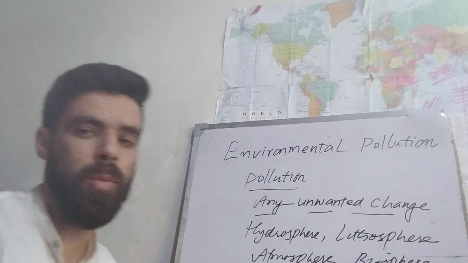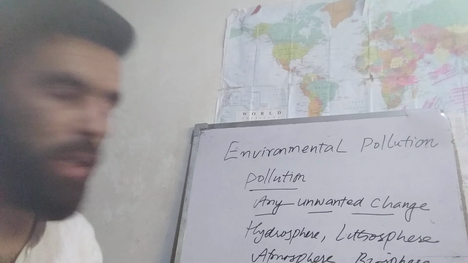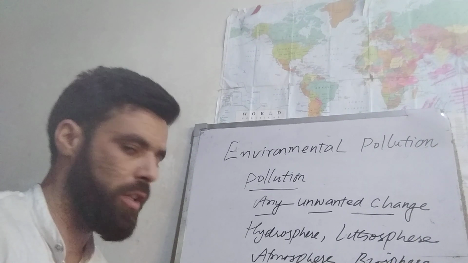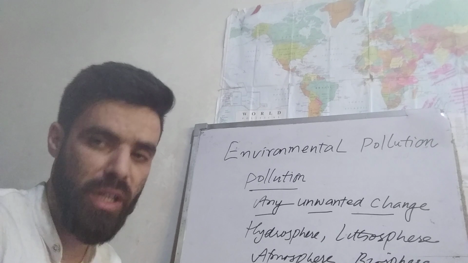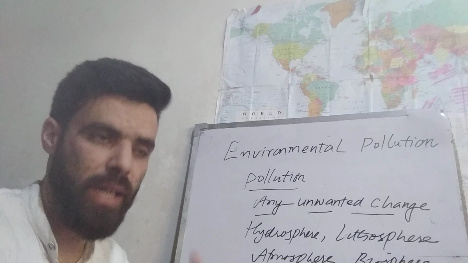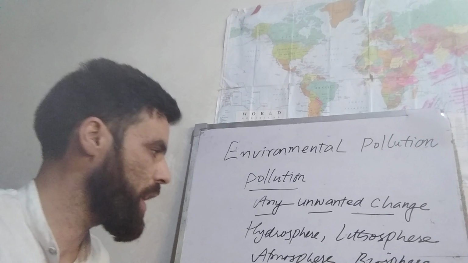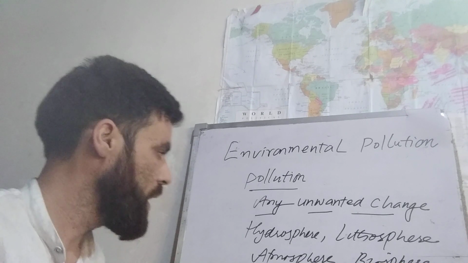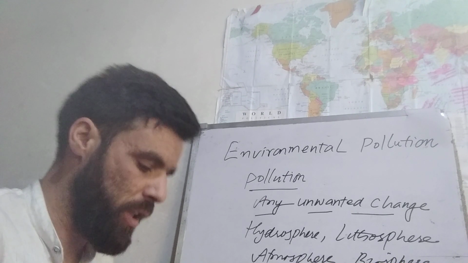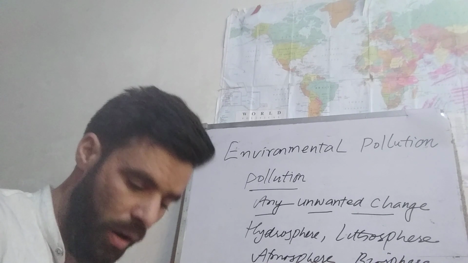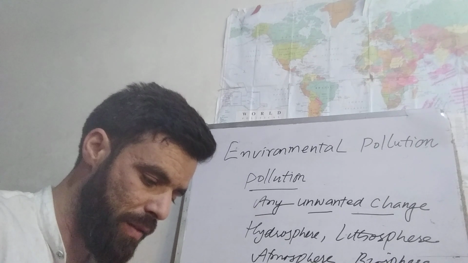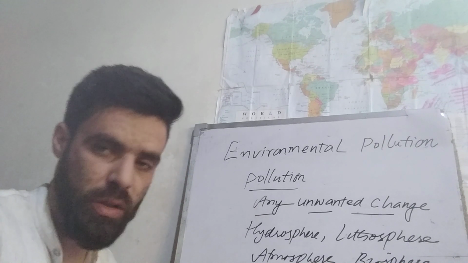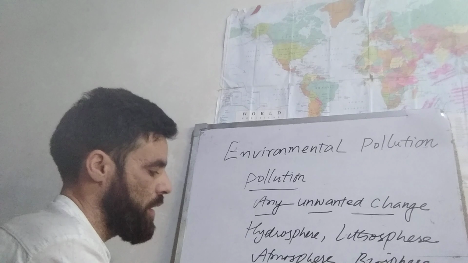When any change takes place, we can say any change, but that is unwanted change that we didn't need. ऐसी चेंज जो हमें चाहिए ही नहीं होती है, ऐसी चेंज जब हमारे एनवायरनमेंट में होती है वो उसको हम पोल्यूशन कह सकते हैं.